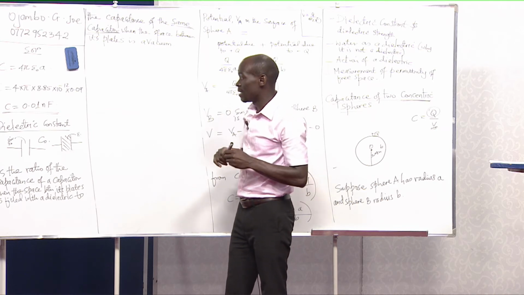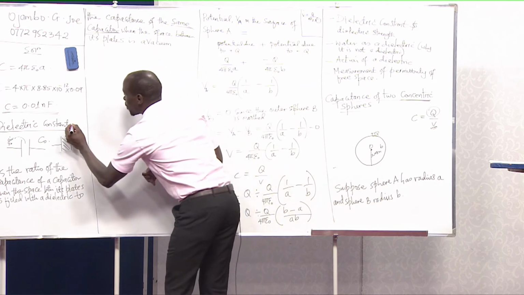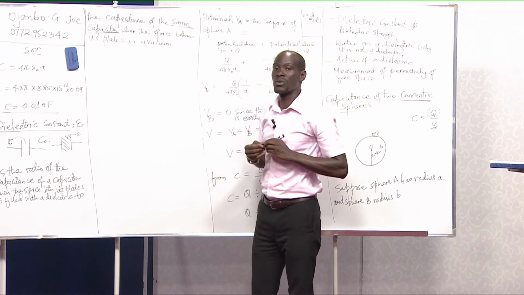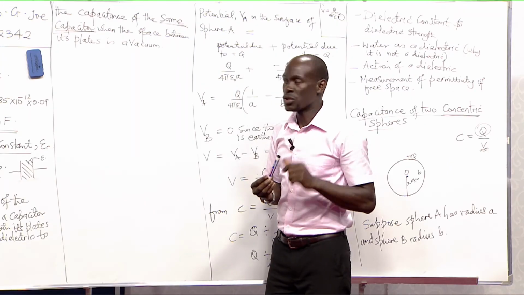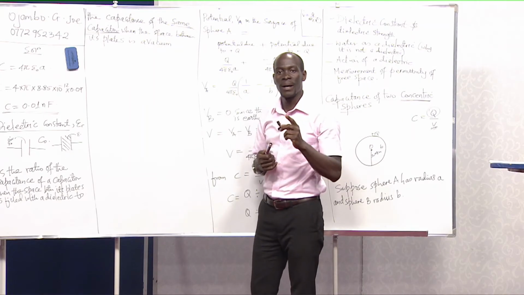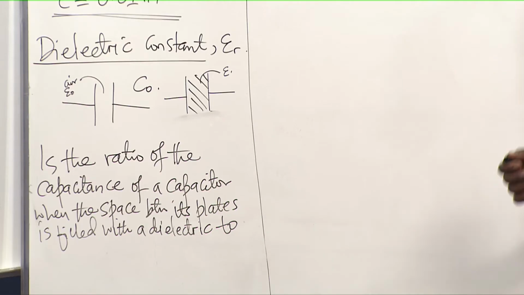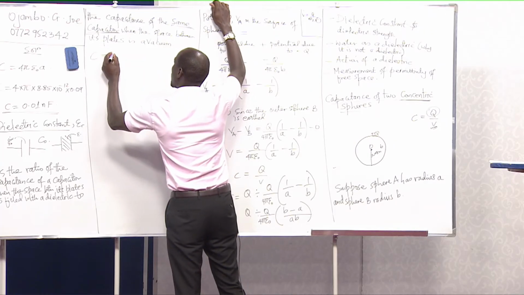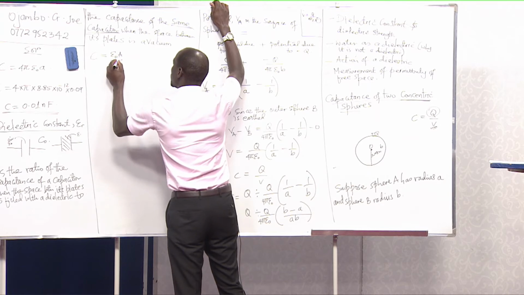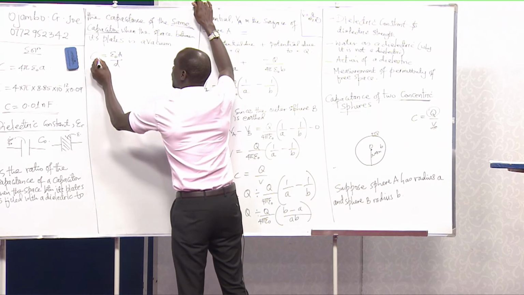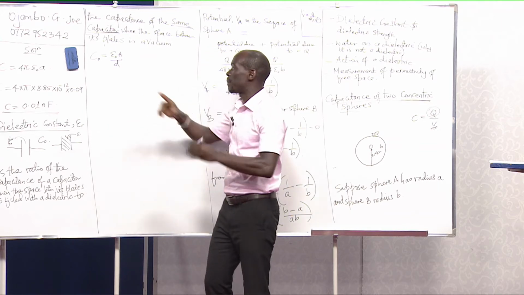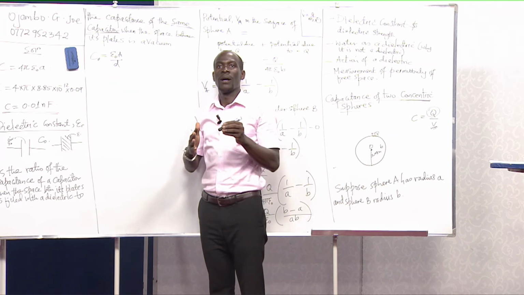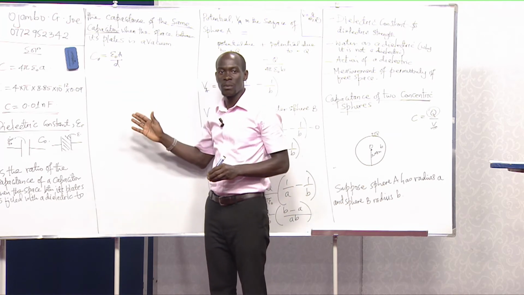Now, we earlier said that this dielectric constant, which is actually normally given as epsilon r, can be expressed in terms of the permittivities. Suppose we considered the parallel plate capacitor. For a parallel plate capacitor, we said that the capacitance is given by epsilon naught A over D. That is the capacitance C naught, implying that this is the capacitance when the space between the plates of the capacitor is a vacuum.